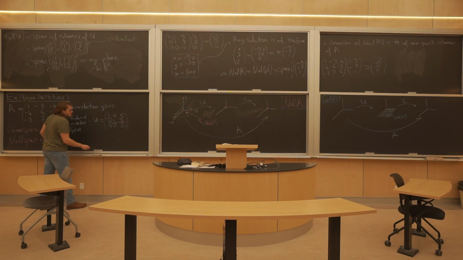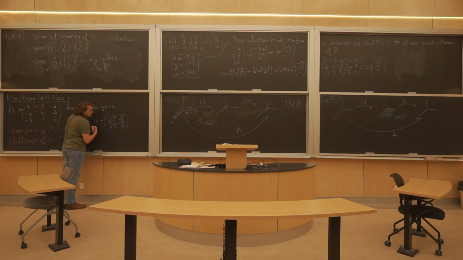I'm going to erase this, but before I erase it, let me just note that now I have 2 pivot columns and 1 non-pivot column. I told you that the dimension of the null space is the number of non-pivot columns. The dimension of the column space is the number of pivot columns. It's a plane, and it's 2-dimensional.